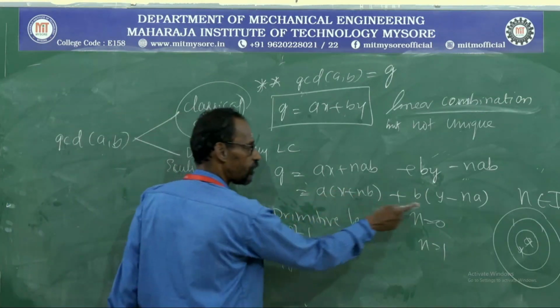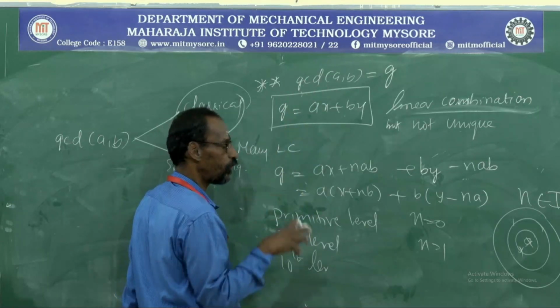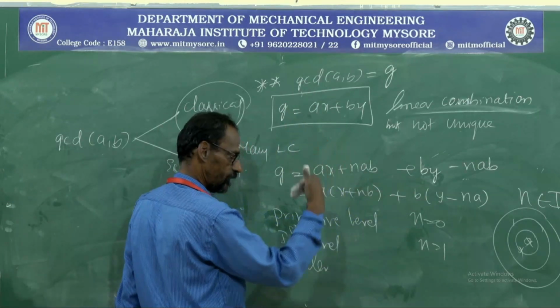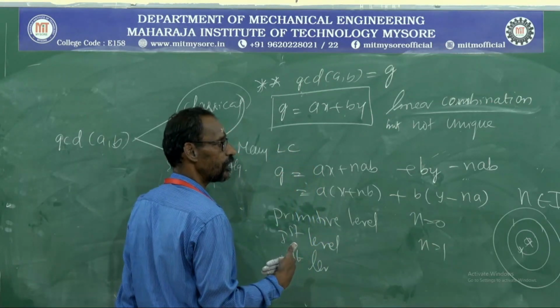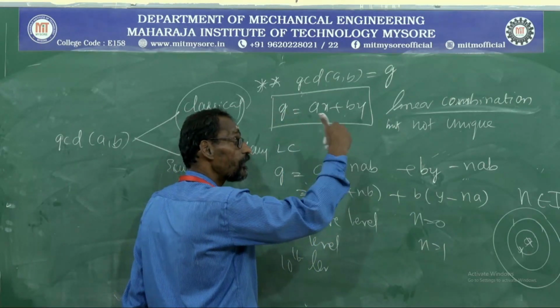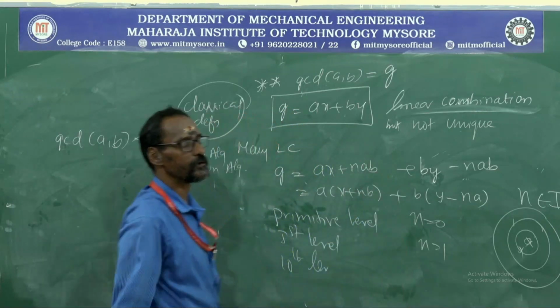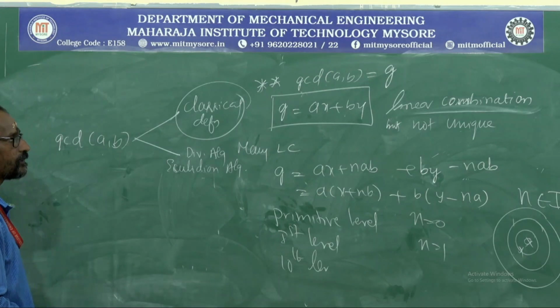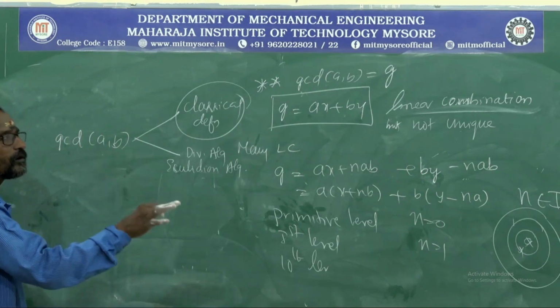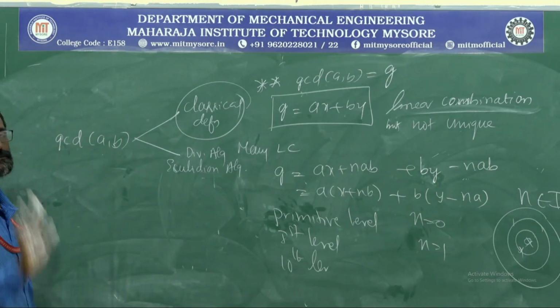When you take n equal to 0, that is my primitive linear combination; n equal to 1, level 1 combination; n equal to 2, level 2; n equal to 100, level 100 linear combination. Once you go to higher and higher level combinations, it is too difficult to guess what your A and B values are.